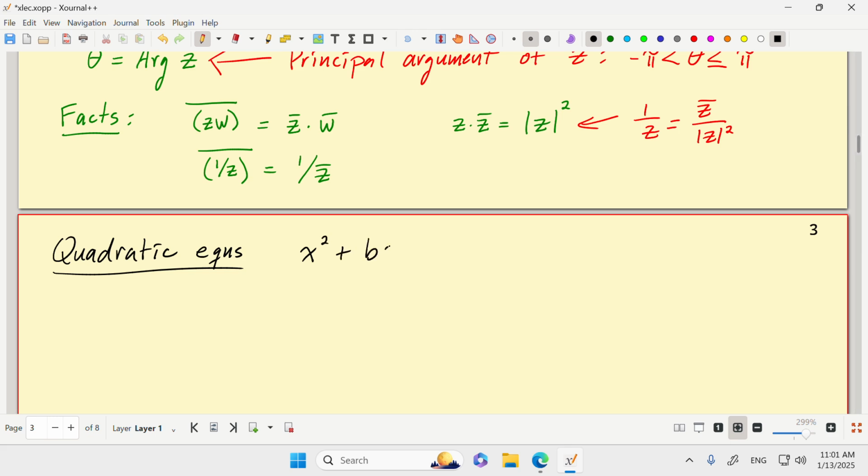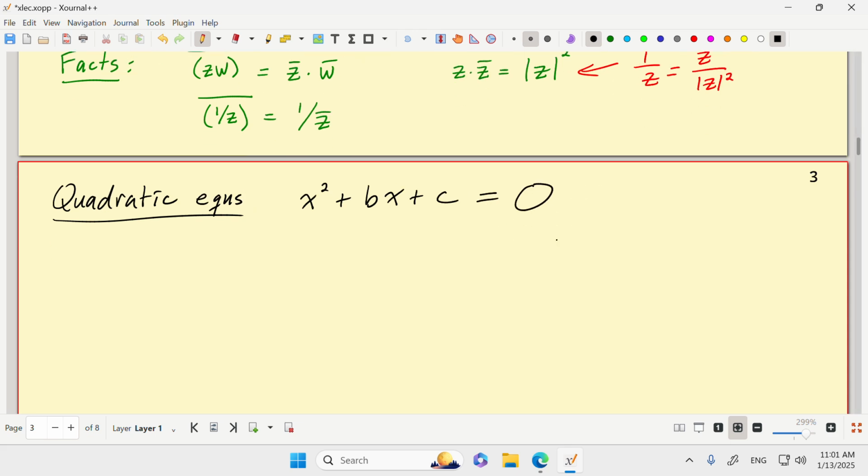If you have x squared plus bx plus c equals 0, you look at it and say, boy, that'd be nice if that were some kind of a square, then I could take square roots. And you say, well, I see kind of a square here. I see x plus something squared. And what I would need there to make that look more like a square is b over 2.